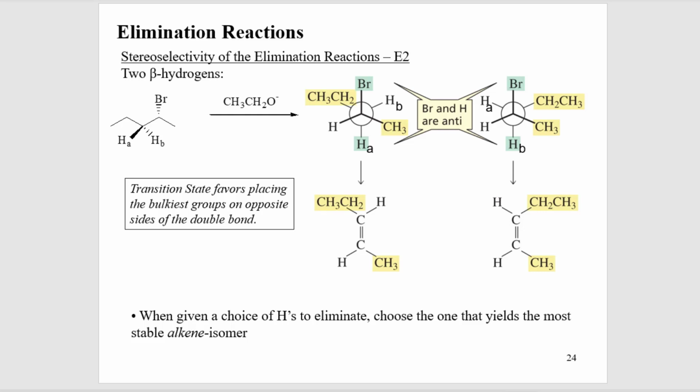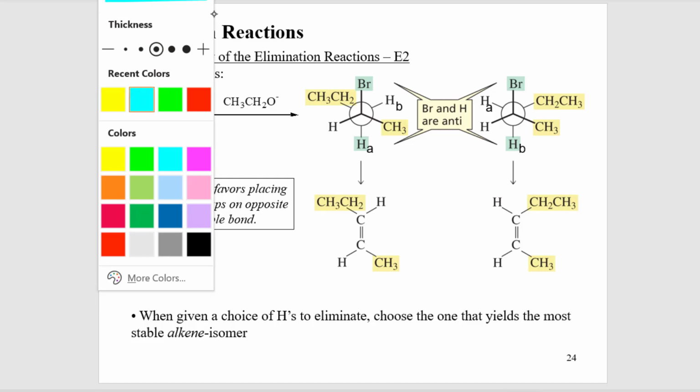When you consider the two hydrogens next door, A and B, let's do a Newman projection. We're going to stare down the barrel of that carbon. And they've already twisted things for you.